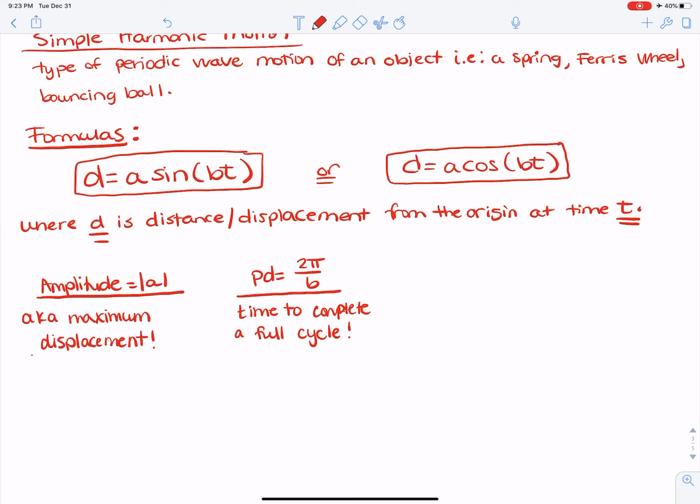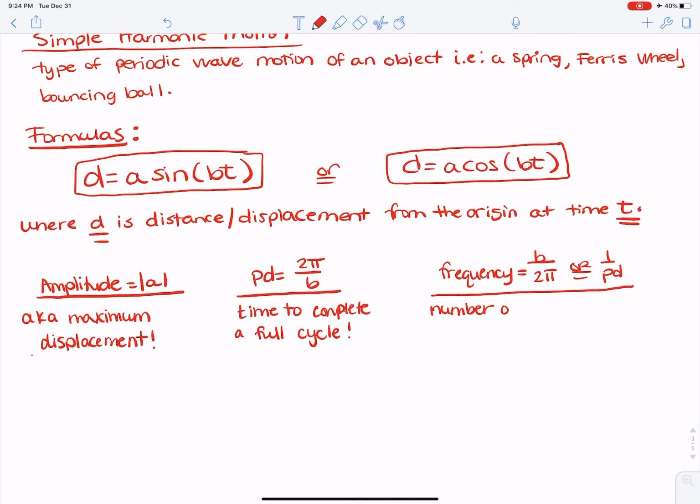And last thing, because I told you there were 3 of them, is the frequency. Frequency is the inverse of period, so it's B over 2 pi, and you can do whichever one is easier at the time. 1 over period, because it's the inverse, would equal the same situation. 1 over period would just be less work.